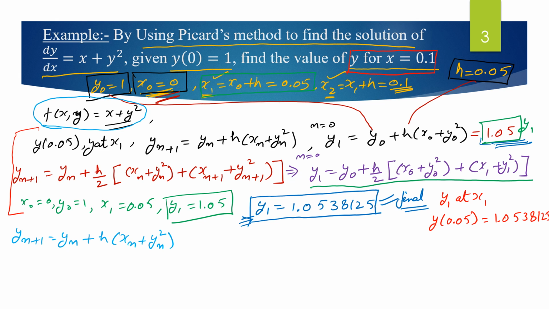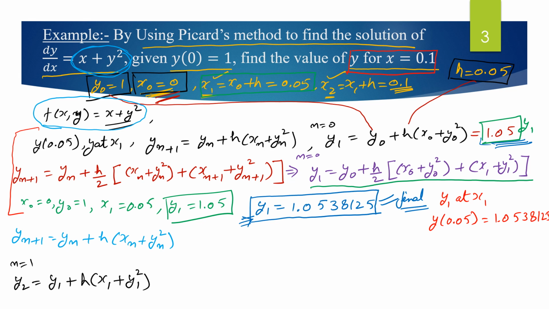Like the function I have taken from this part, dy by dx is equal to a function of x, y. So I am writing the function xn and yn square. Now I am taking n is equal to 1, so we get y2 is equal to y1 plus h times x1 plus y1 square.